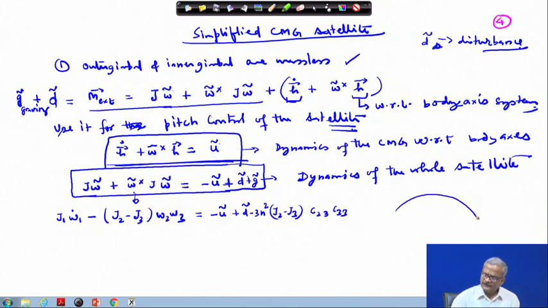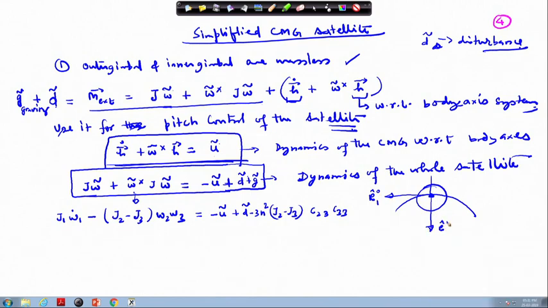And if we are looking for the attitude control with respect to the orbital reference frame, this is your E cap O1, here in this direction E cap O3, and inside going this E cap O2.